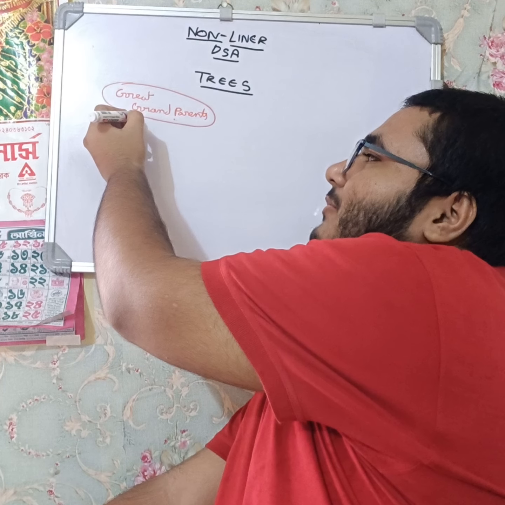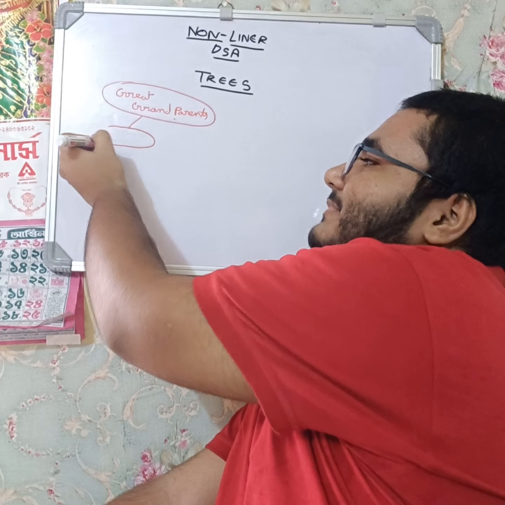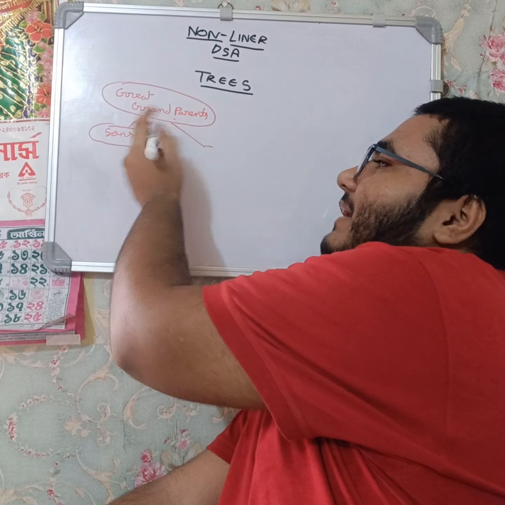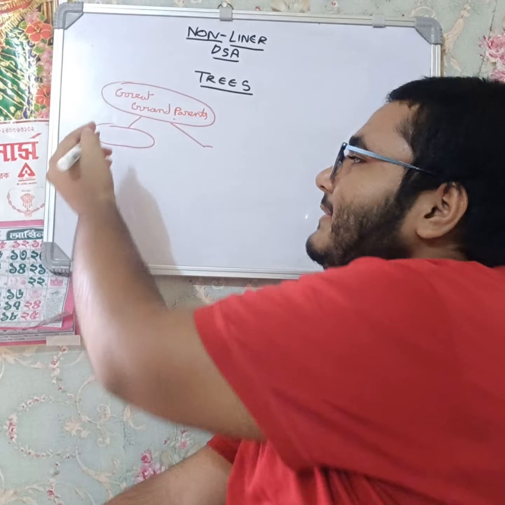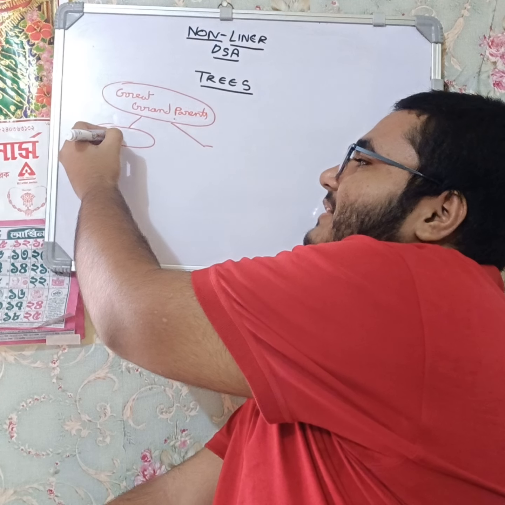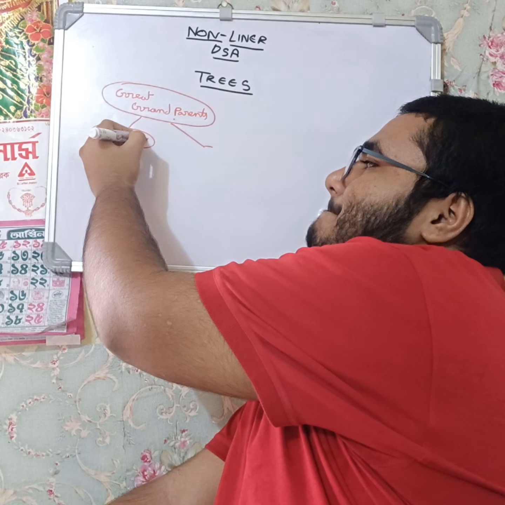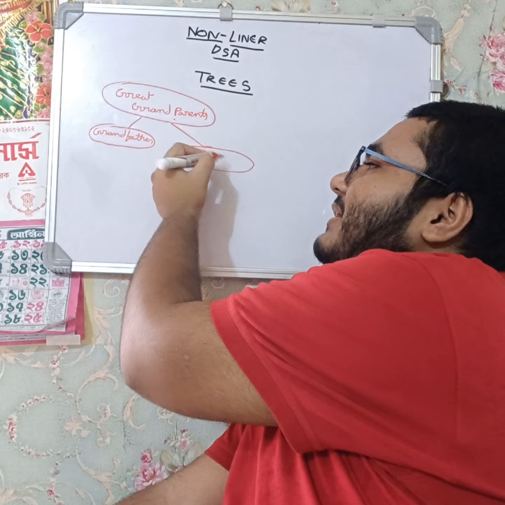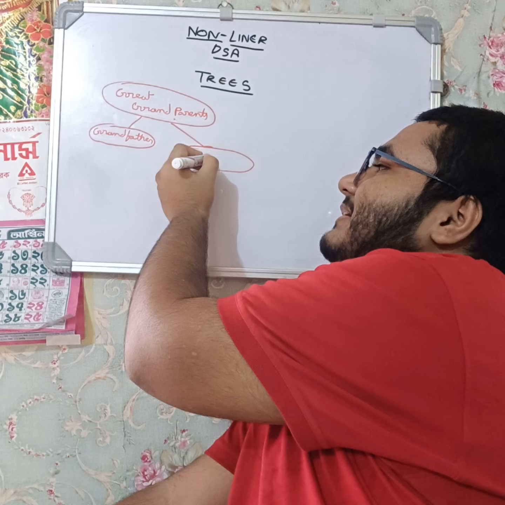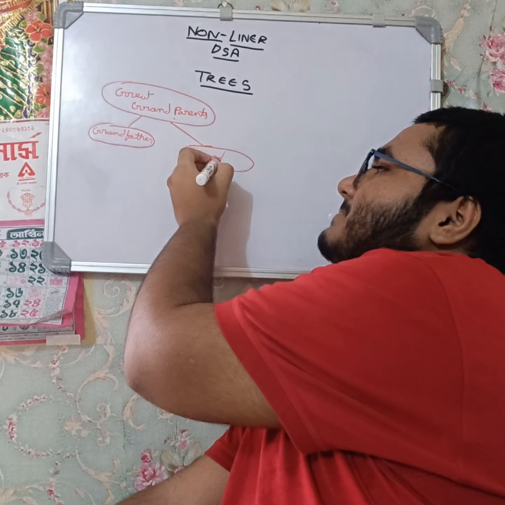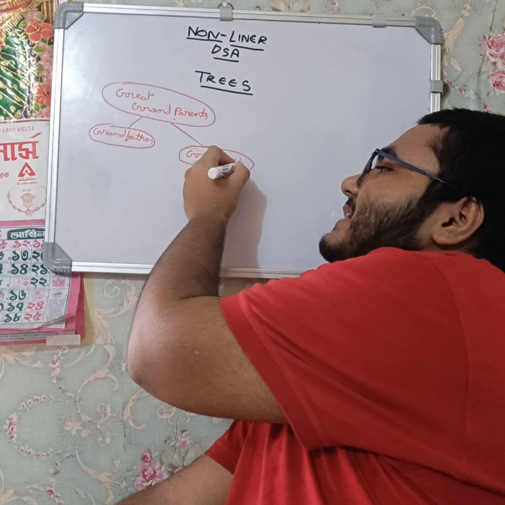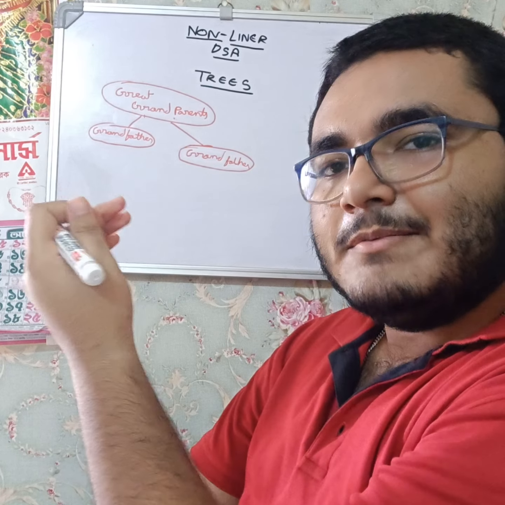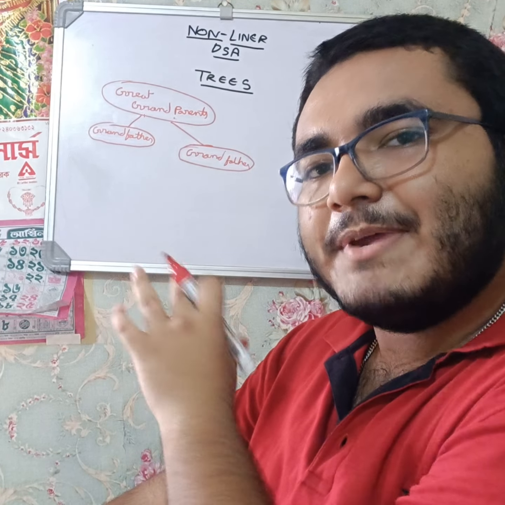Then from there they can have sons. There can be many sons from a great grandfather, because he was a person, so there can be many sons and many daughters.